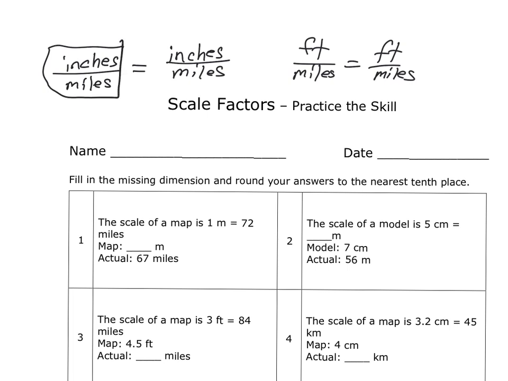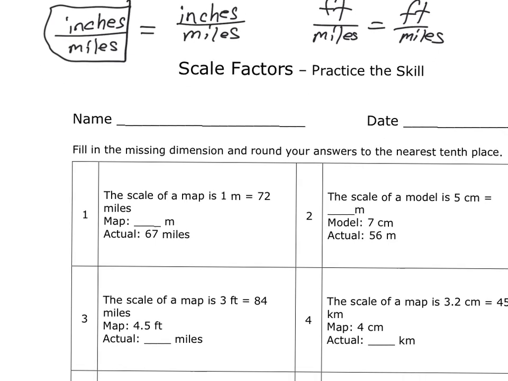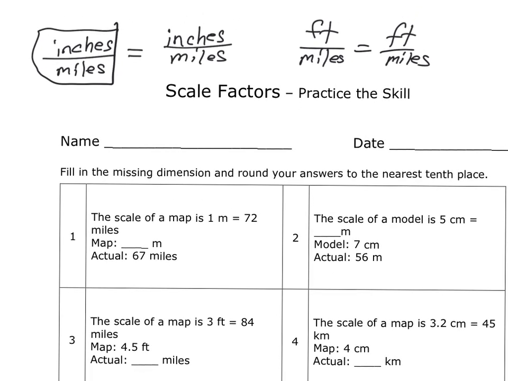So when we look at the first problem, for instance, we're given that 1 meter is equal to 72 miles. So I want to make that 1 meter over 72 miles. And then I'm going to set that equal to, and then we place the information that we're given in the appropriate location.